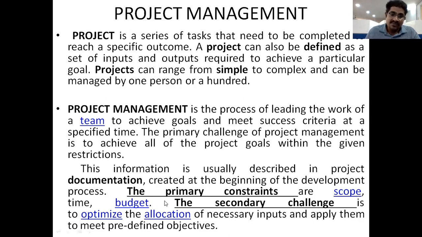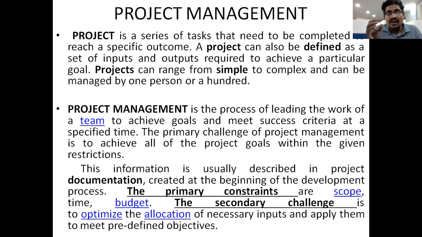Look at this paragraph in the PPT: the primary challenge of project management is to achieve all of the project goals. All of the project goals here means completion of the project or contract within a specified time. That is the major goal.